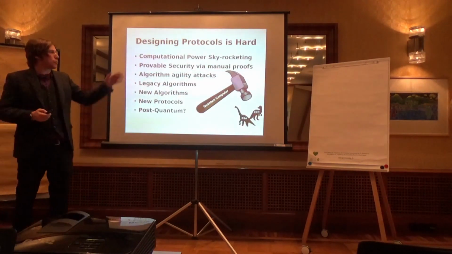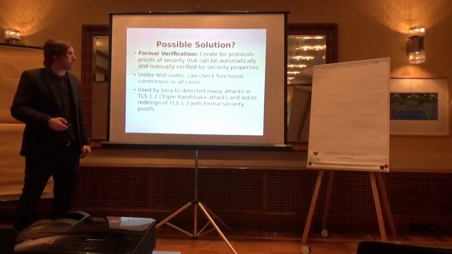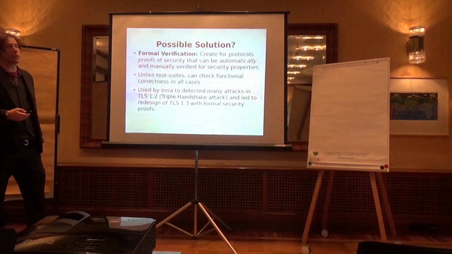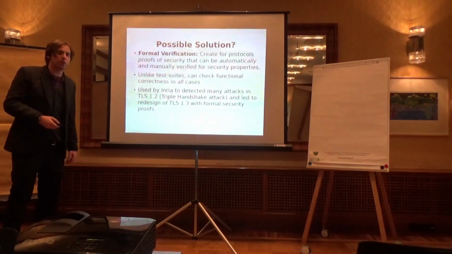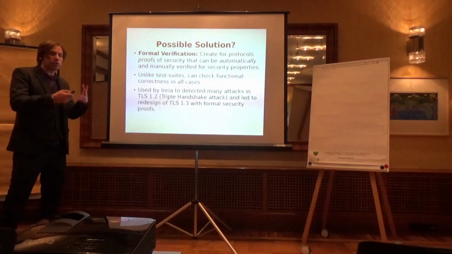At Inria, we believe that this is hard. Provable security by manual proof is good, but it's still a black art to a large extent. A lot of manual skill is involved, and there are lots of big problems. So we support formal verification, primarily as shown in TLS 1.3, but also Web Crypto and now Web Authentication, as the way forward. So we can say, why should you trust this crypto?